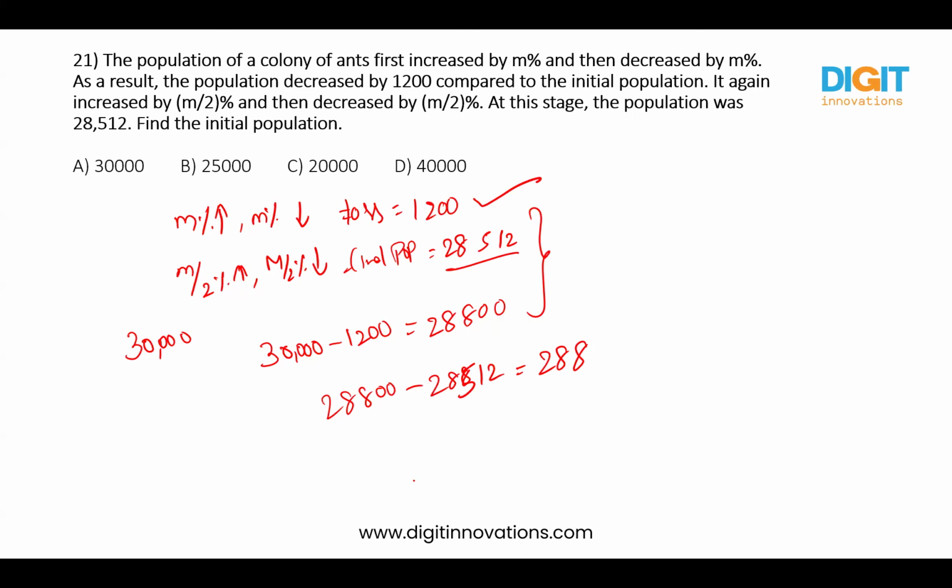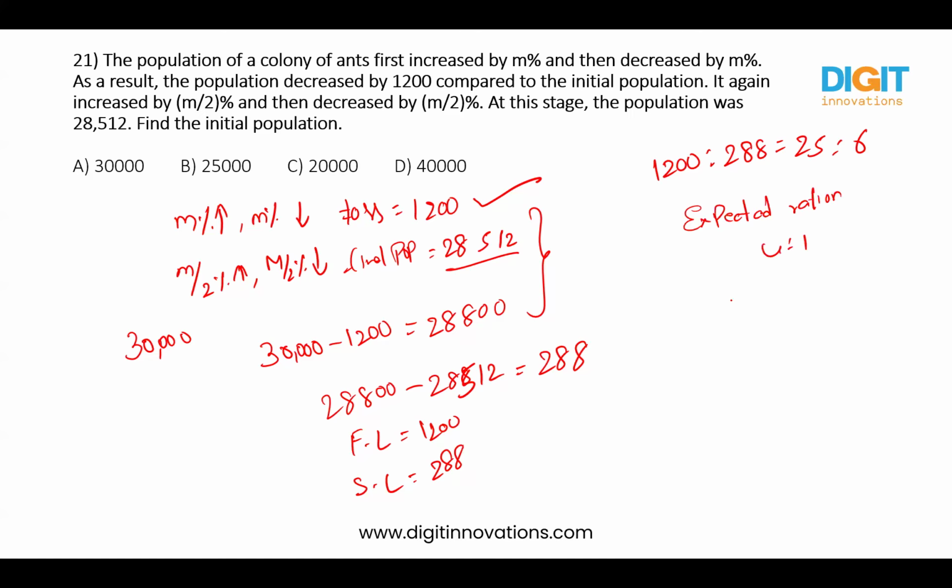The expected ratio would be 4:1. So 1200 by 4 is 300, which is very close to 288 loss. So option 30,000 fits.